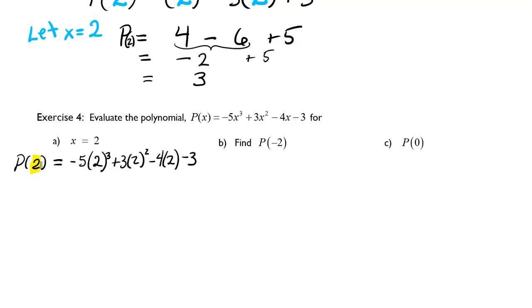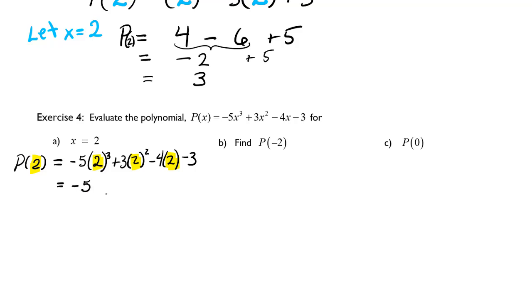Notice that my substitutions are showing up inside parentheses. This is good form. I am really looking forward to seeing good form when I look at any work that you do by hand.